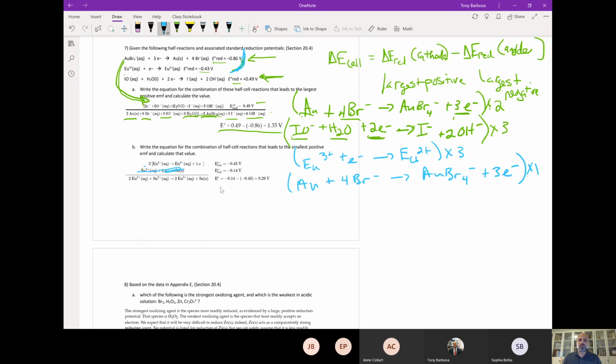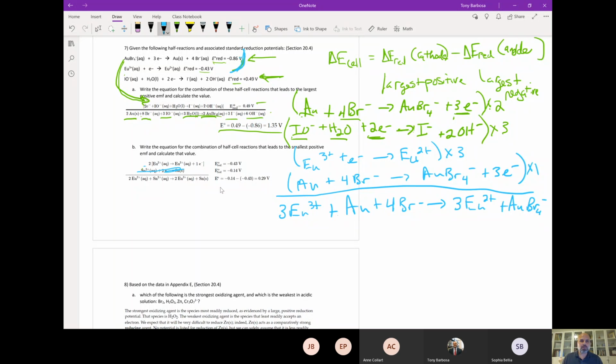When we add these up, we end up with 3 Eu3+ plus gold plus 4 bromide goes to 3 Eu2+ plus AuBr4-, and I've canceled the electrons from both sides.